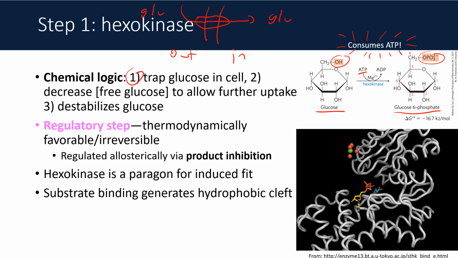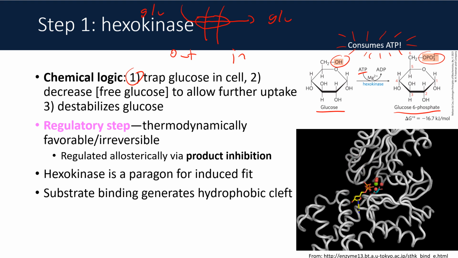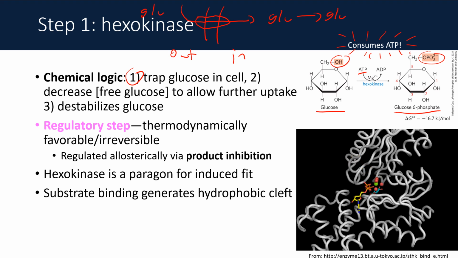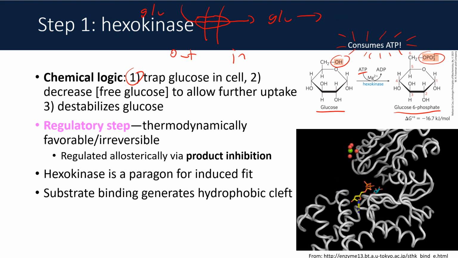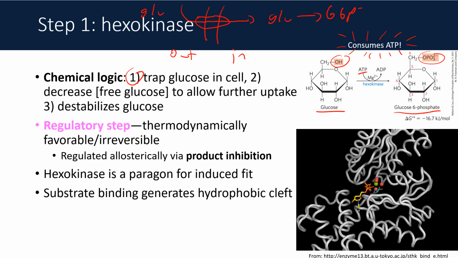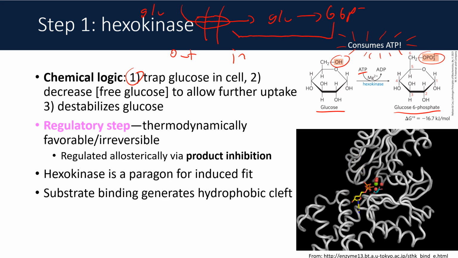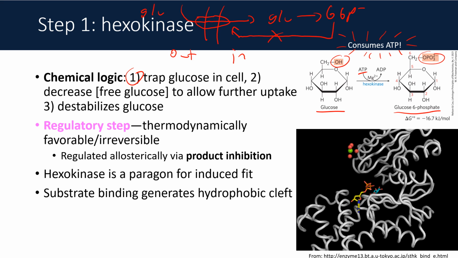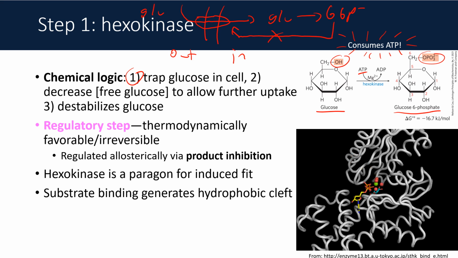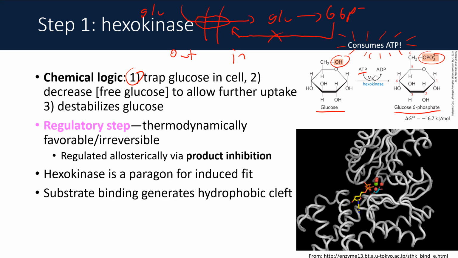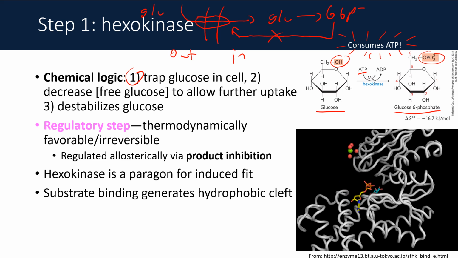When hexokinase phosphorylates glucose into G6P, it obtains a negative charge that makes it incompatible with that glucose transporter. So hexokinase commits the glucose to the cell.